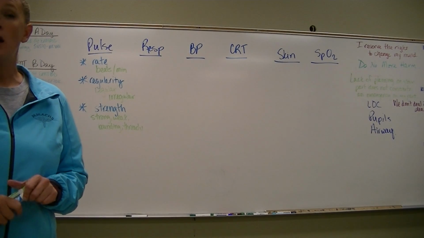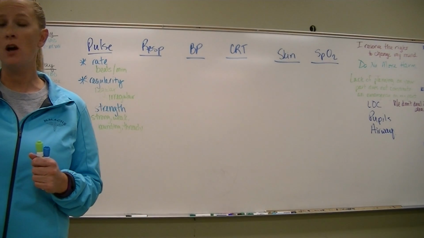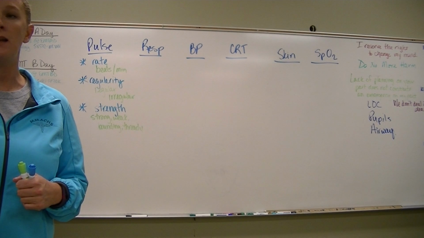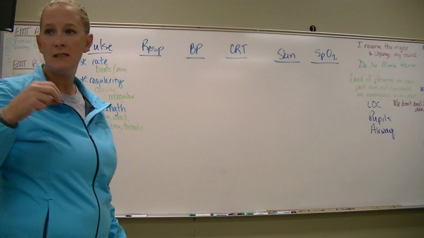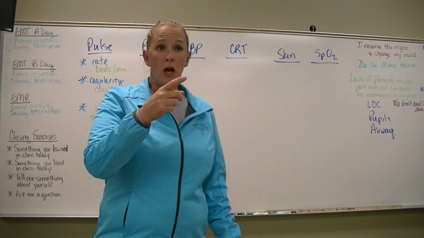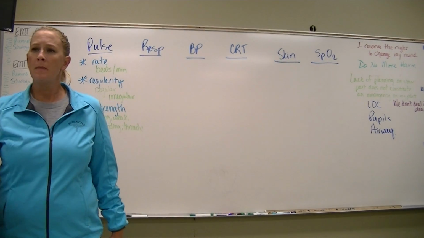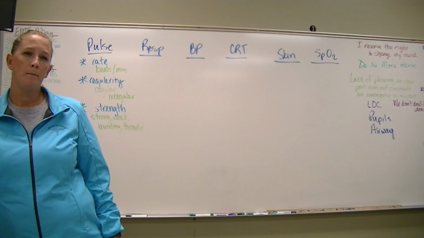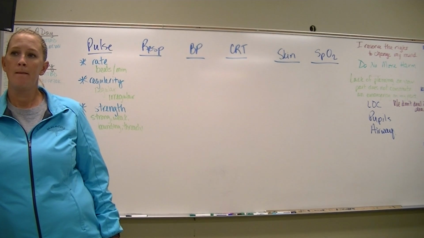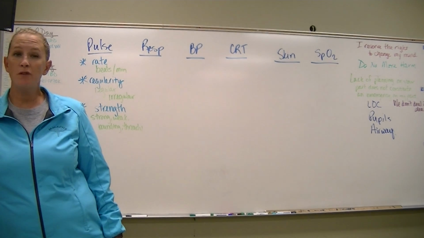Shock. So when a person goes into shock to start with, they're going to get an increased pulse rate, an increased respiratory rate, and an increased blood pressure, right? While they're still in compensated shock. So shock is a good one. What else? Fright. What else? Exertion. Good. Injury.